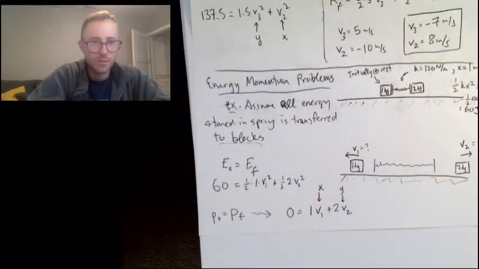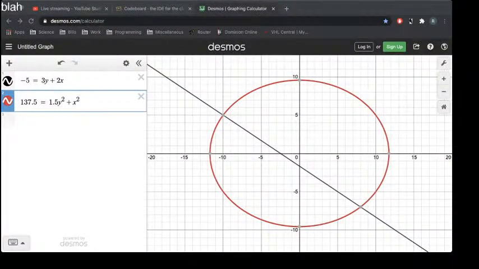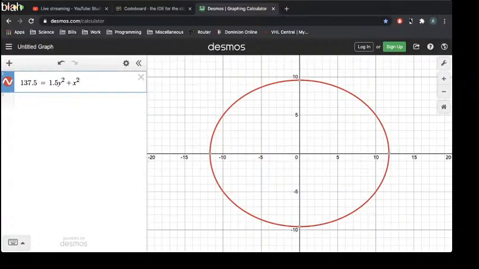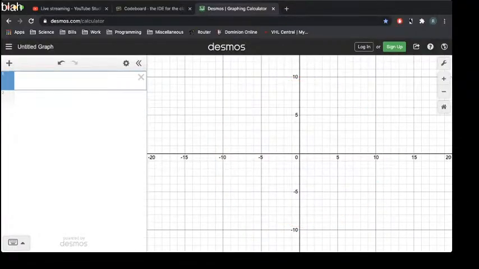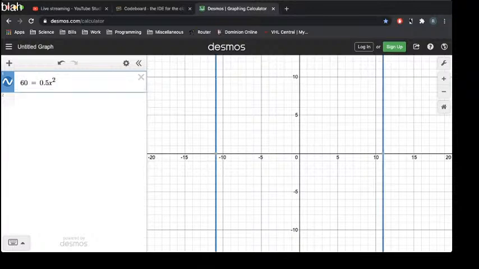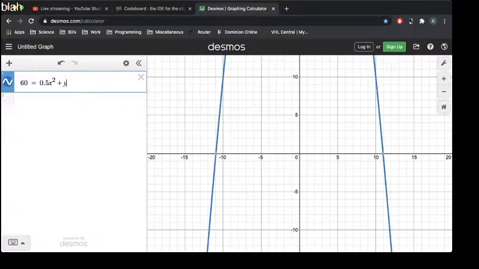Okay, so I'm going to go over to Desmos. I type in our energy equation: 60 equals 0.5 times x squared plus y squared.